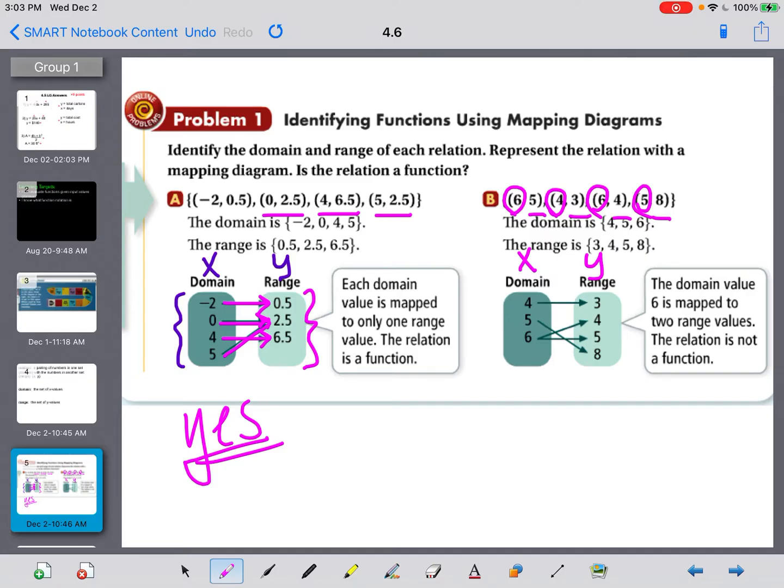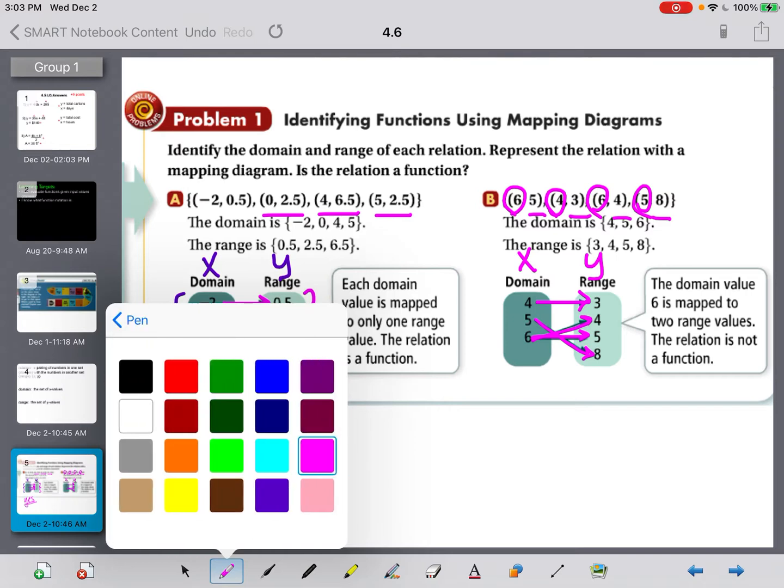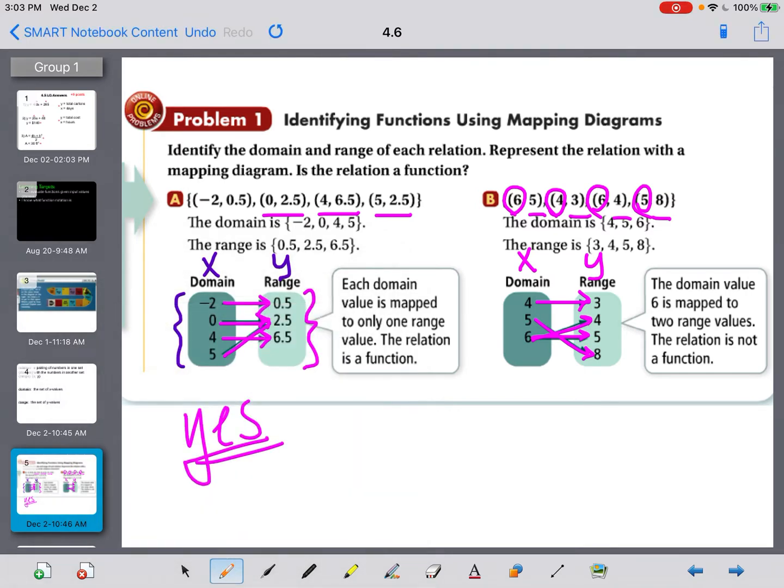Then they connected what goes together: 6 and 5, 4 and 3, 6 and 4, and then 5 and 8. Because 6 is going both to the 4 and to the 5, this x value has two y values, so it is not a function.